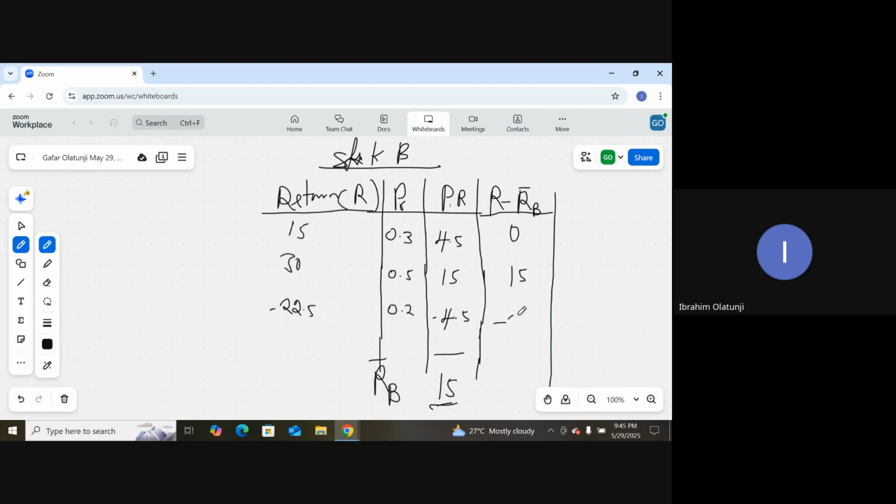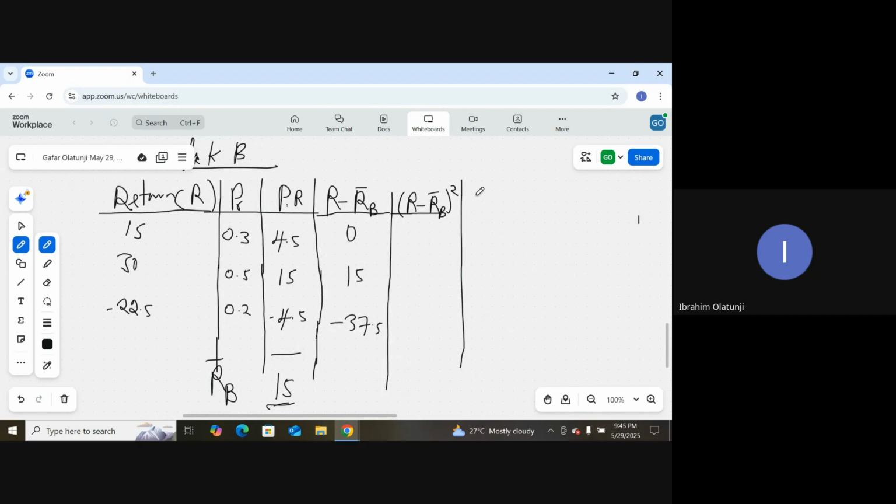Minus 37.5. Minus 37.5. Then we square it. Then 0, 225.